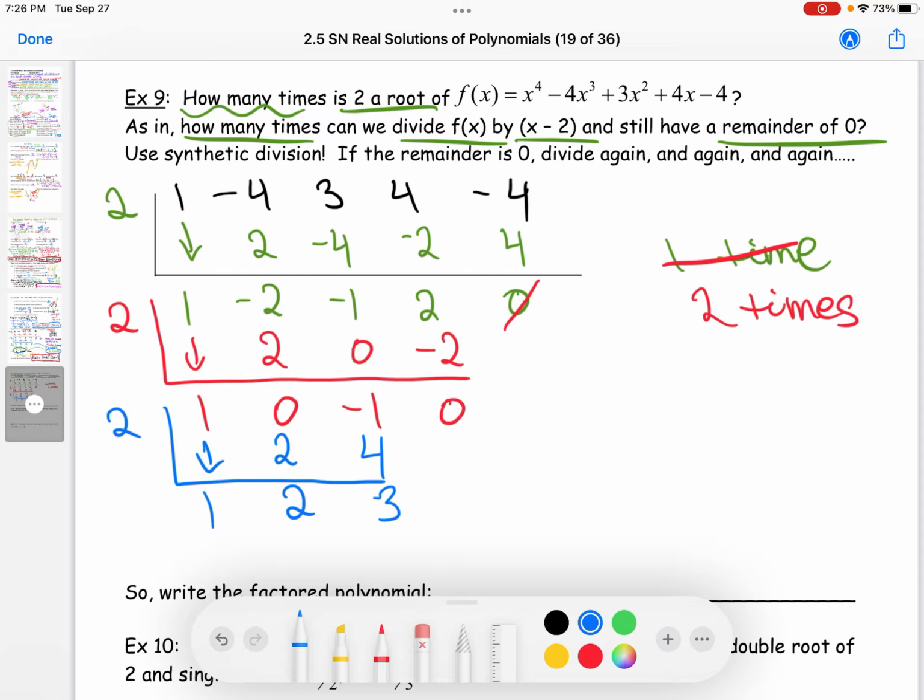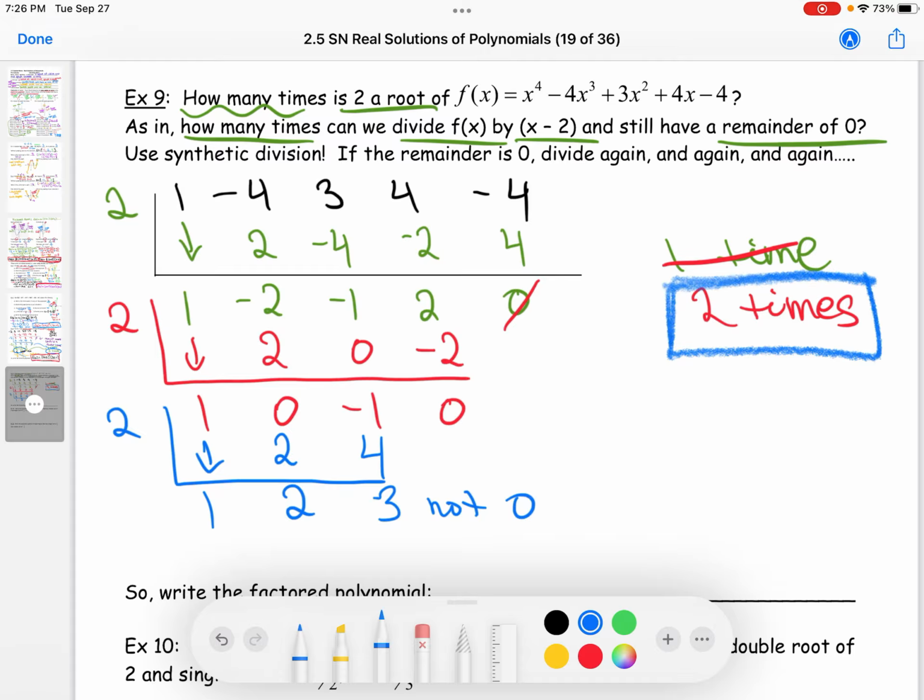And if you're looking at that going, uh-oh, hang on, something's up here. Nope, it's not. It's good. So this was not a third time. This was not true a third time because that remainder was negative 3, not 0.